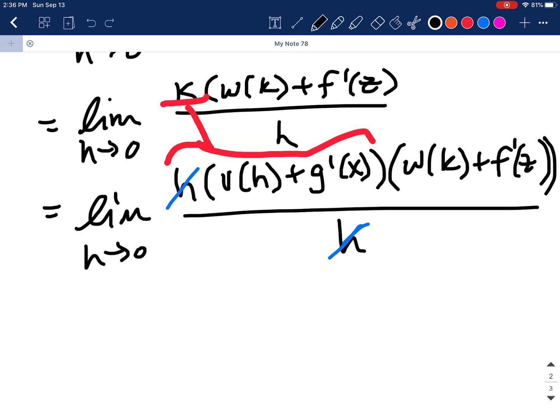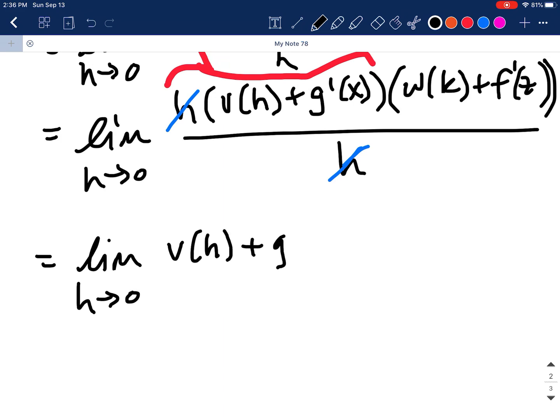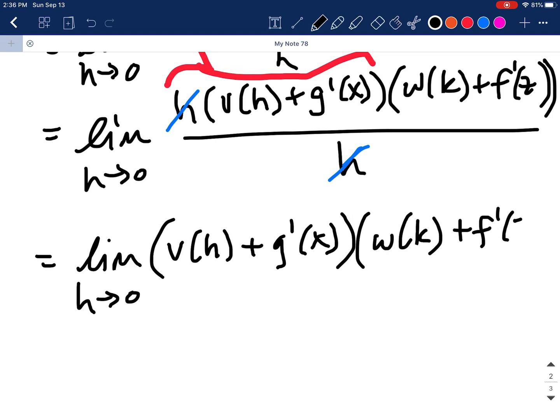So let's rewrite what's left in our limit here. That's equal to the limit as h goes to 0 of v of h plus g prime times w of k plus f prime. And then we'll notice some things here. First, this is really just f prime of g of x, because z is g of x.